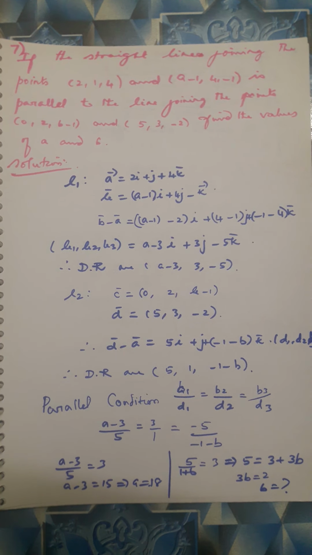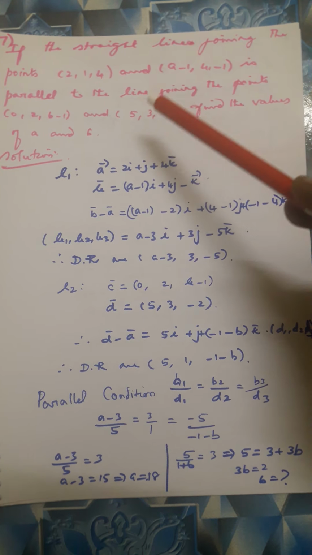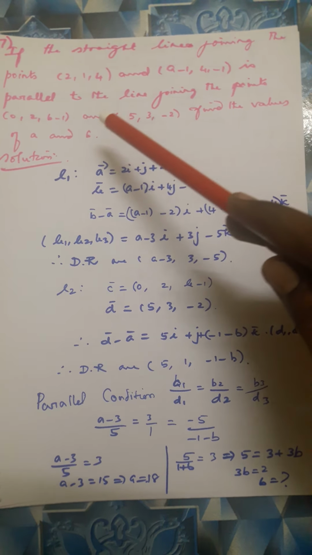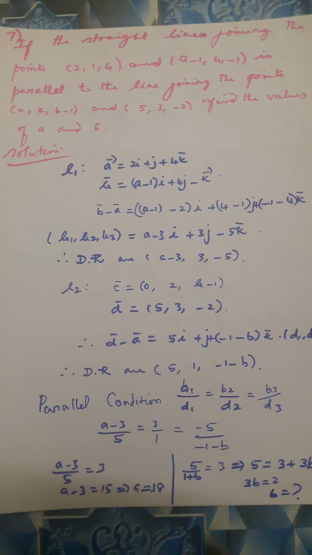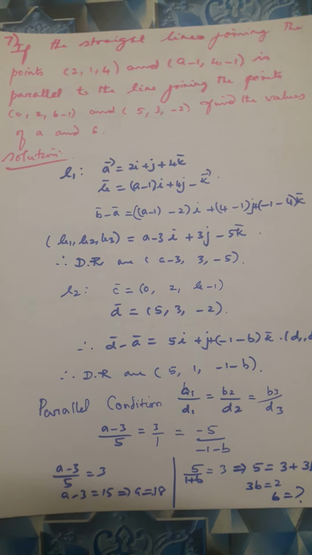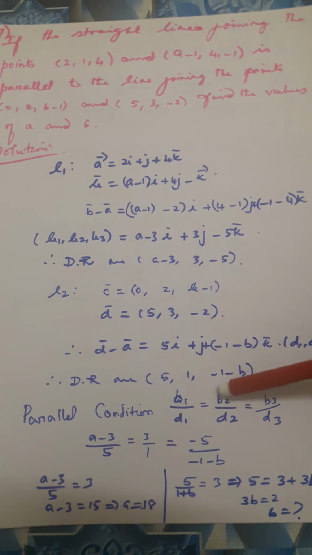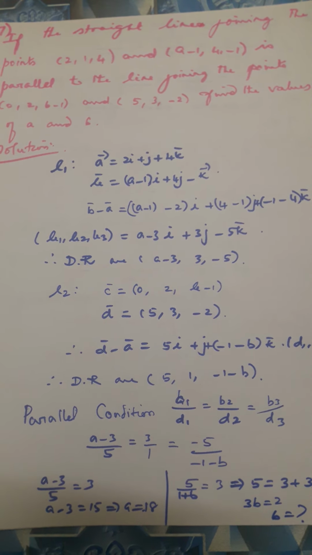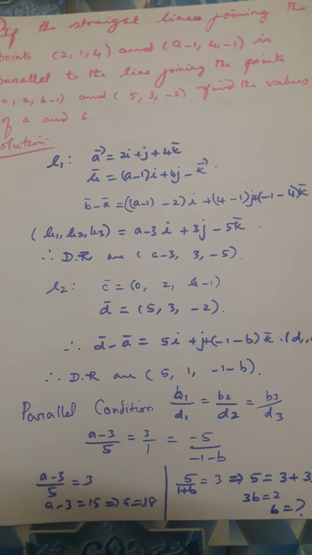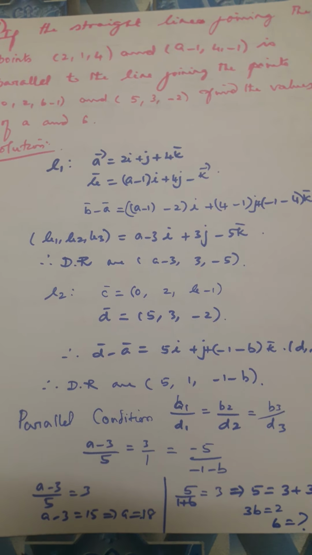If the straight line joining the 2 points is parallel to the line joining 2 other points, find the values of a and b. So your lines are parallel means your condition is b1 by d1 equal to b2 by d2 equal to b3 by d3. So what are these b1, b2, b3 and d1, d2, d3? It is nothing but the direction ratios of your straight line.